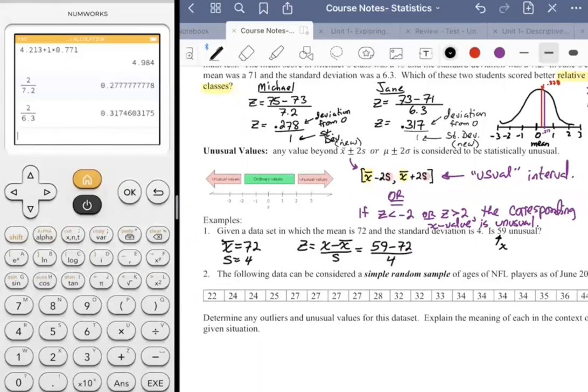So 59 minus 72, whoop, that's a plus. 59 minus 72, negative 13 over 4. That's going to give us a decimal. Negative 3.25.